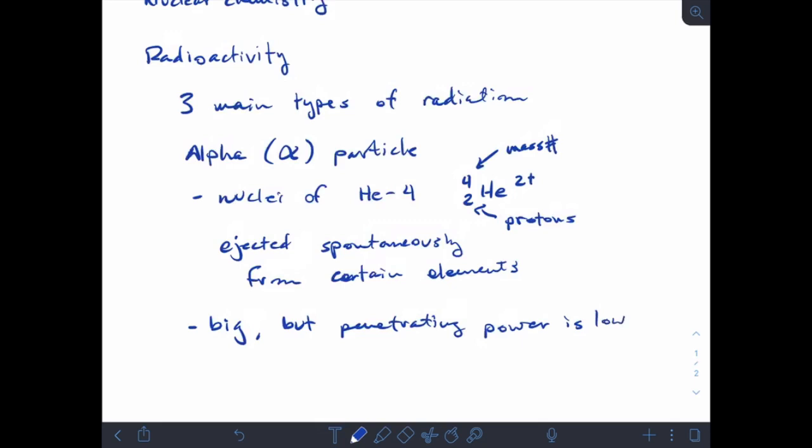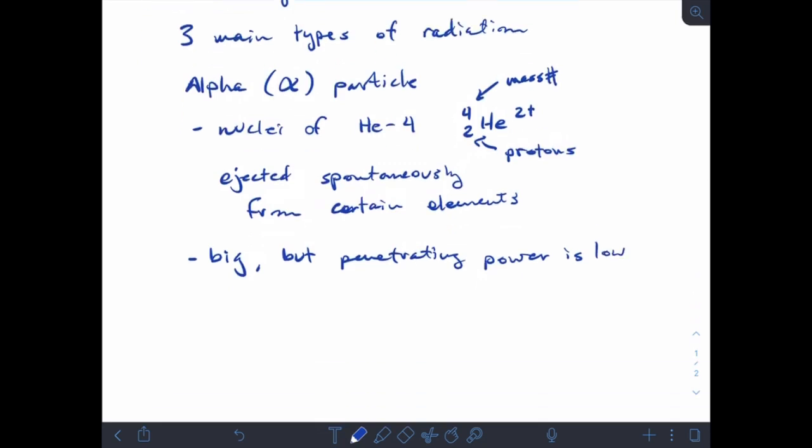You can actually stop alpha particles with as little as a sheet of paper. But if you don't stop alpha particles, they will punch a rather large hole in the atomic structure of whatever you're shooting alpha particles at. So in the famous gold foil experiment, they were shooting alpha particles at a sheet of gold foil and quite literally punching holes in that material using these large, rather slow-moving particles.